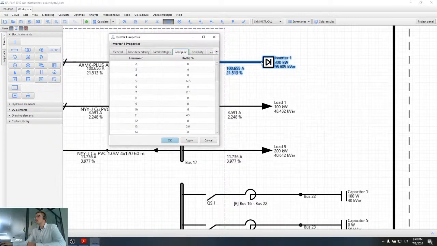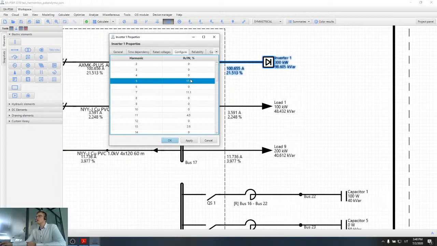Now I have opened this inverter and I have this harmonic spectrum provided here. I can see that in this harmonic spectrum it is specified that this nonlinear load is generating no 2nd harmonic, no 3rd harmonic, no 4th harmonic, but it is generating the 5th harmonic, and the generated current is equal to 17.5% of the nominal current.